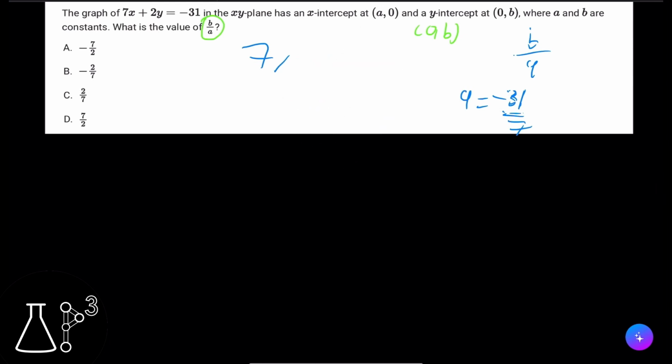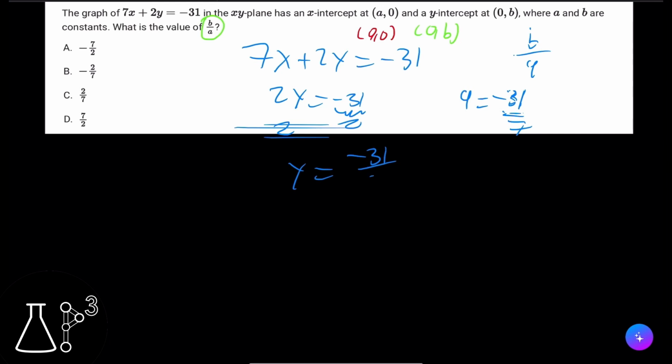So I make x equal 0, and I'm going to get 2y equals negative 31. If I divide by 2 on both sides, I get y equals negative 31 divided by 2. So b equals negative 31 divided by 2.